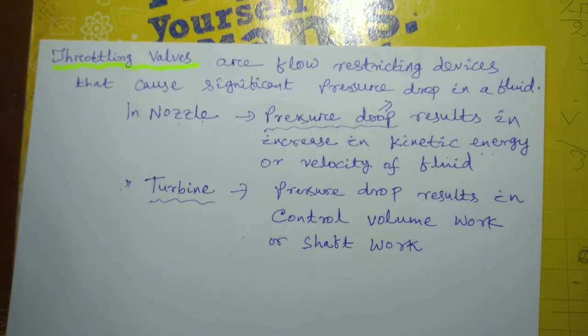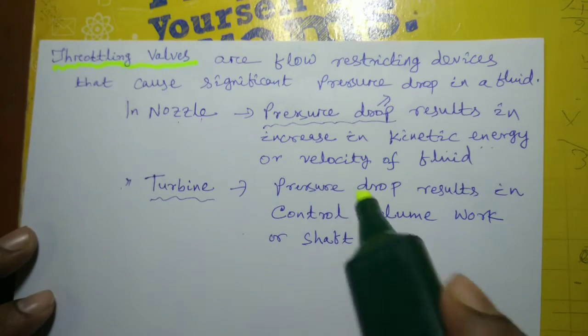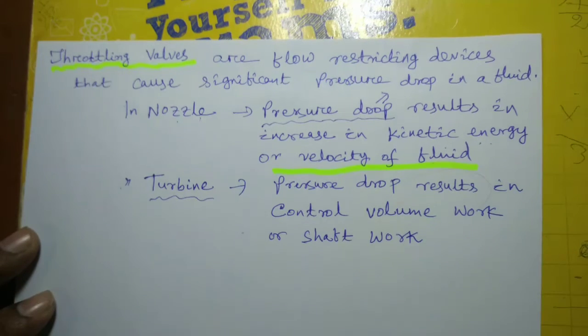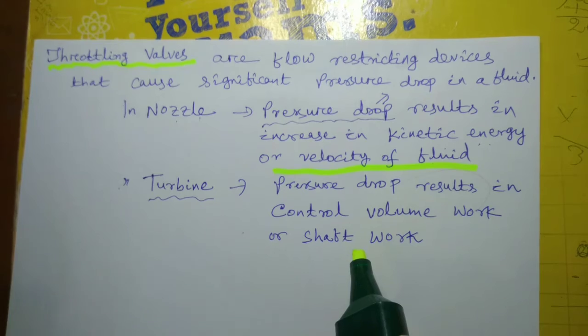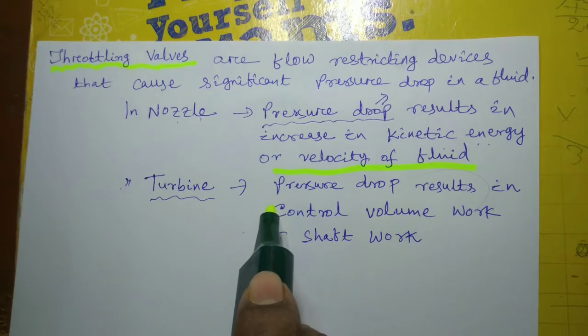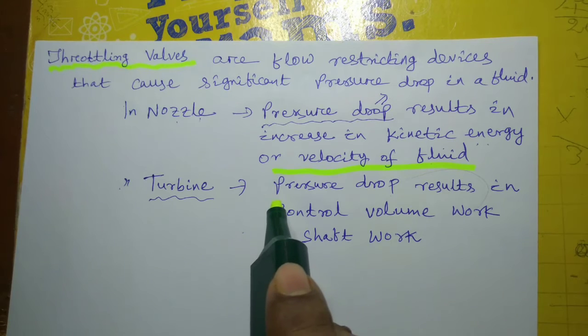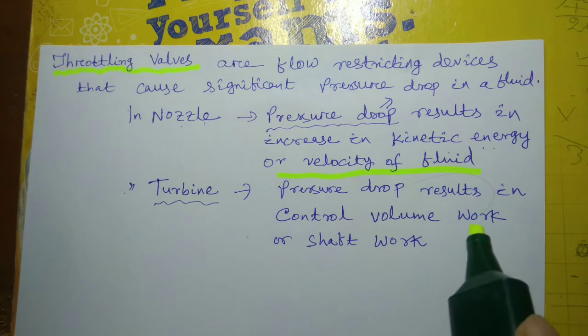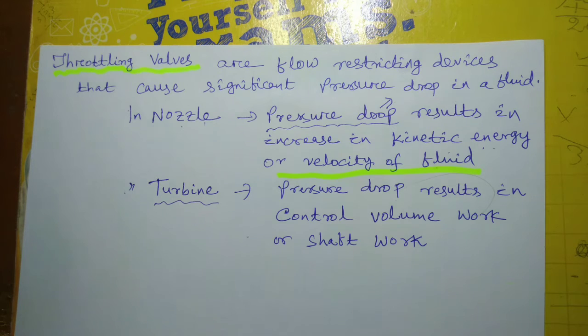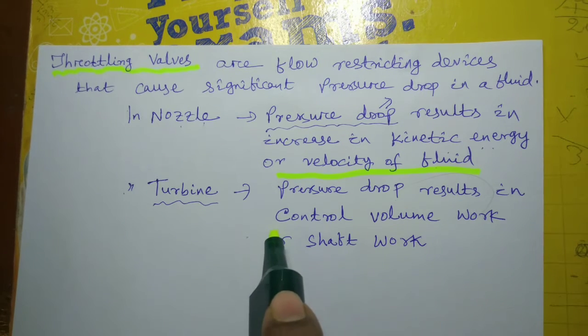That's the key point. You see here, in the case of a nozzle, the pressure drop results in an increase in velocity or kinetic energy. But in the case of a turbine, a turbine is a power producing device. So the pressure drop of the fluid passing through the turbine takes place, but that results in some control volume work.